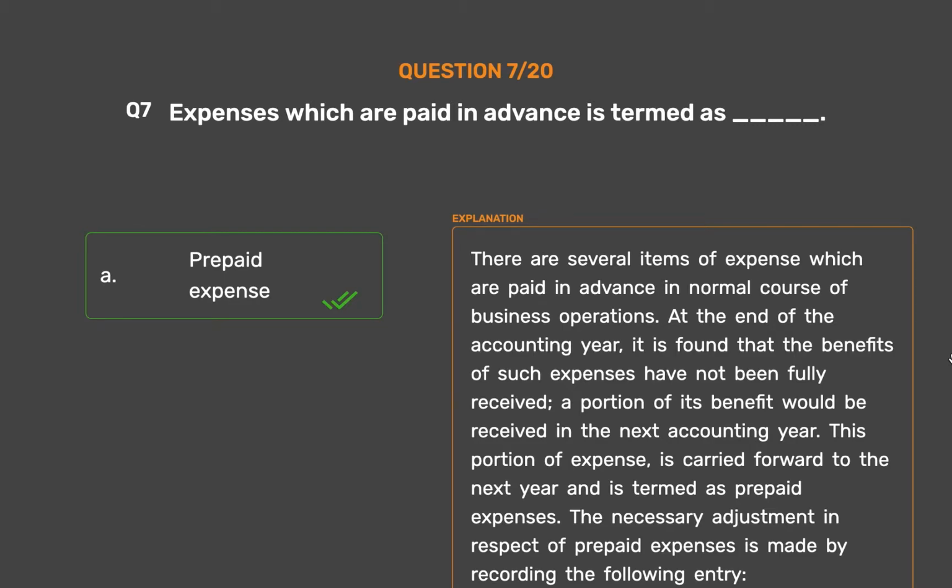The necessary adjustment is made by recording the following entry: Prepaid expense A/c Dr. to concerned expense A/c. The effect of the above adjustment entry is that the amount of the prepaid part is deducted from the total of the particular expense, and the prepaid account is shown on the assets side of the balance sheet.